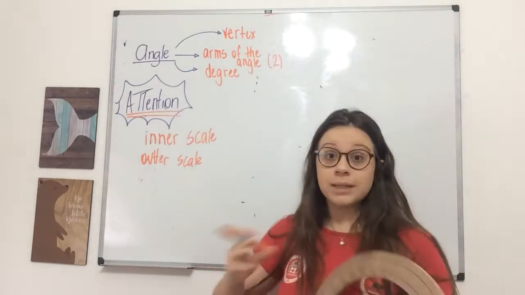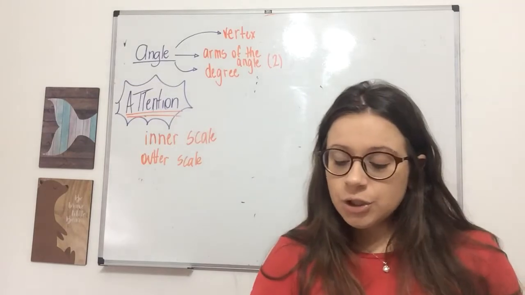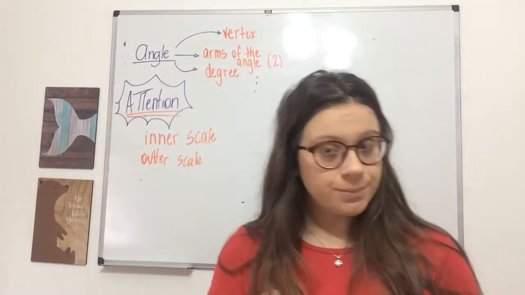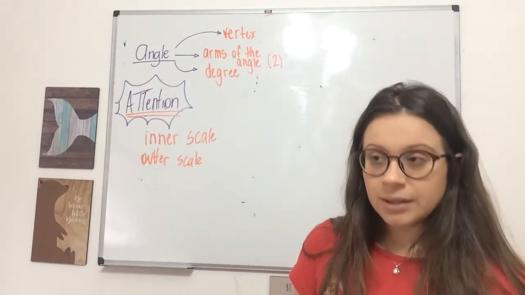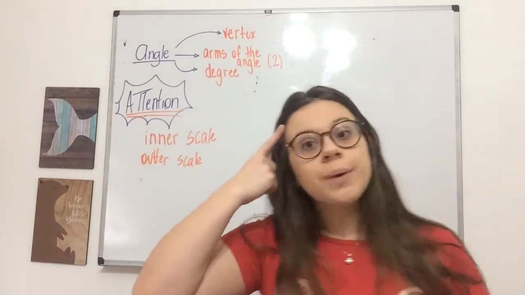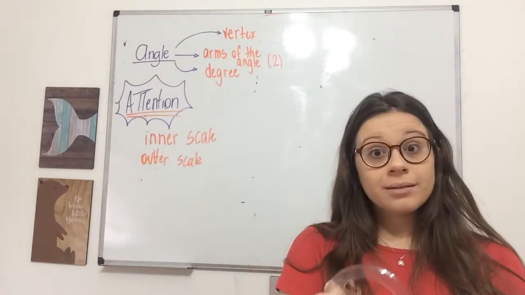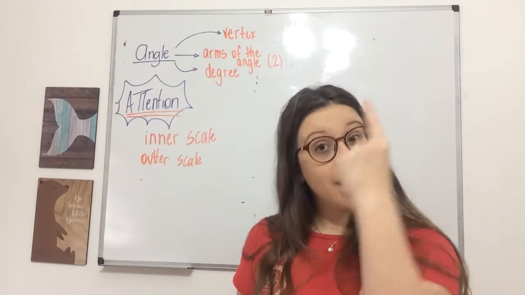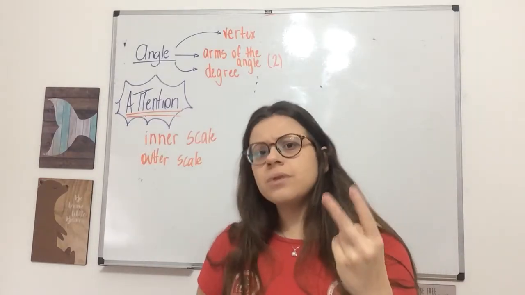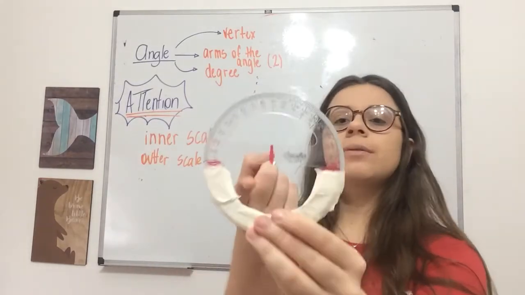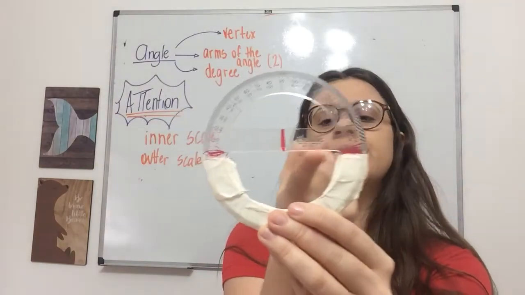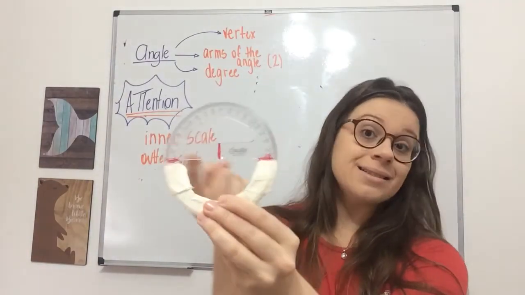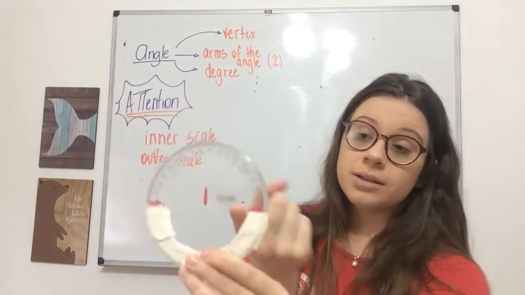Okay, so let's build the angle. To build an angle, we need to be smart. We need to use the protractor in a smart way, because our protractor already comes with a vertex and with one of the arms. Your protractor has this line over here, the baseline of the protractor, is the name.